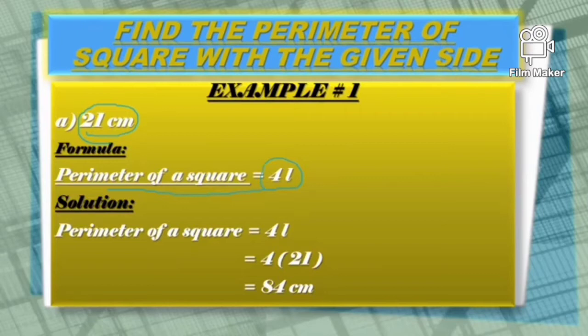Now put the value of length of a side of a square in the formula, then multiply 4 by 21. We will get 84. 84 centimeter, that is the perimeter of a square.